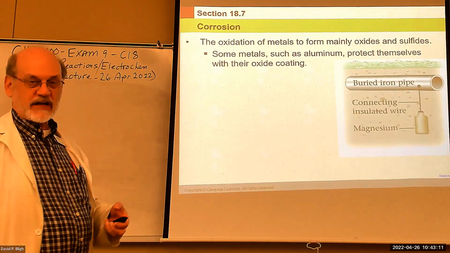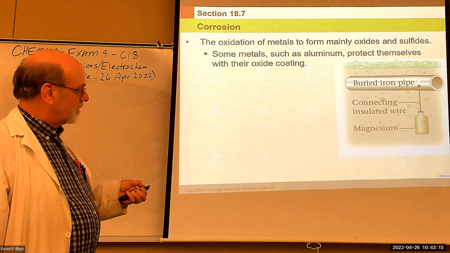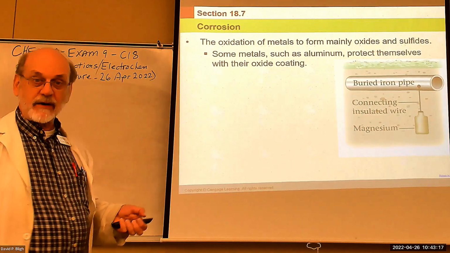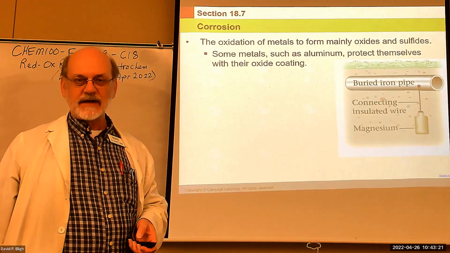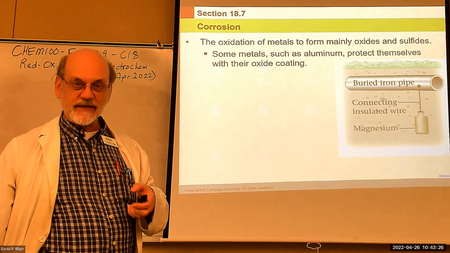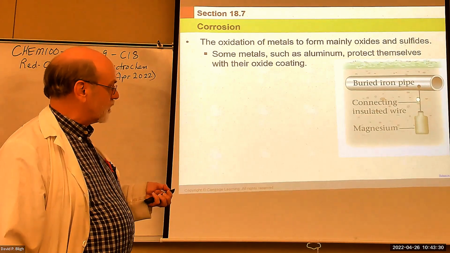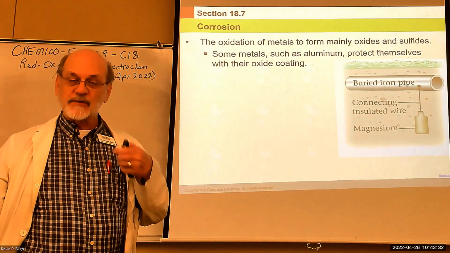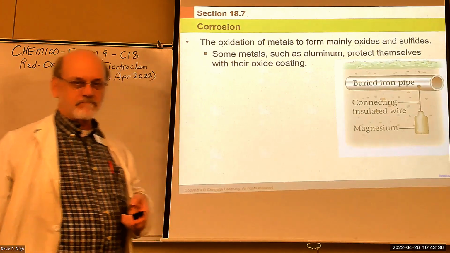It's called cathodic protection. So what we do is we connect this pipe with a wire to magnesium that's buried in the soil. The magnesium corrodes. It becomes the anode. It produces electrons in that wire. So as it corrodes, it sends electrons up through the pipe and keeps the pipe reduced. Okay?